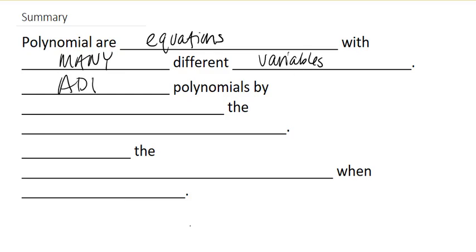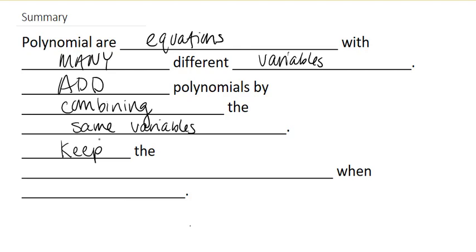We add polynomials by combining the same variables, and we're going to keep the like variable when adding.